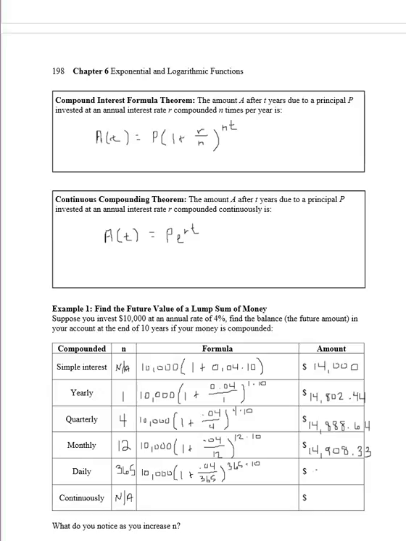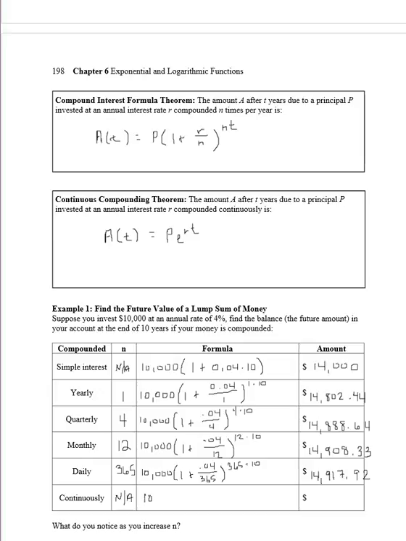And that gives us $14,917.92. Okay, for continuous compounding, we are going to use PE to the RT.